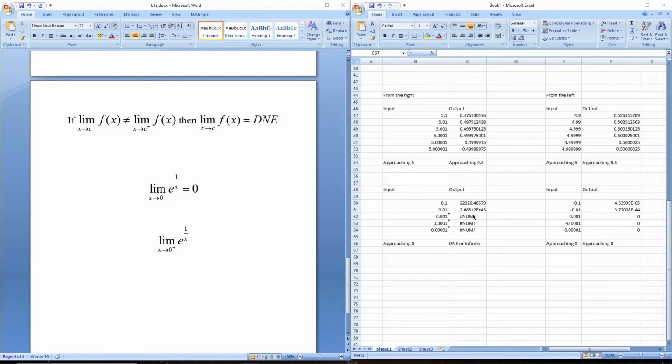If your outputs are approaching infinity, then this is another case where the limit will fail. These are the two cases you know at this point: the left and right don't equal, or approaching infinity. These are our two cases for failure. Now there are some more cases that we'll talk about, but for now, this is it. Only these two instances will cause the limit to fail.